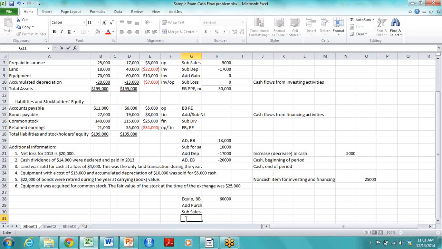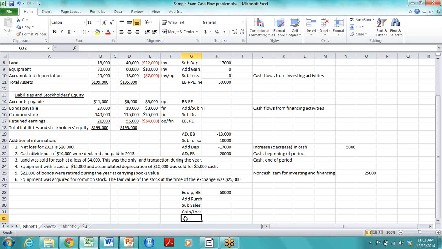I guess here I would have to factor in any gains or losses, which are 0 here. And then I would get my equipment ending balance. And here, if I know my sales are 5,000 and I've got no gains or losses, right? And my ending balance is 70.